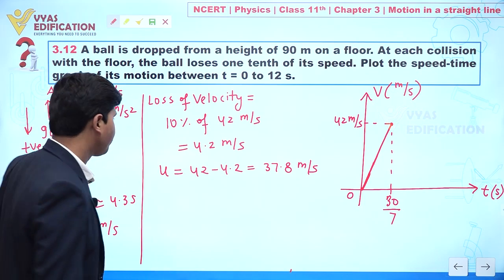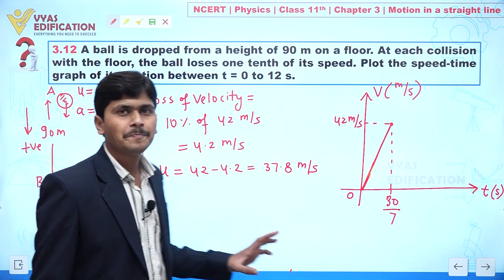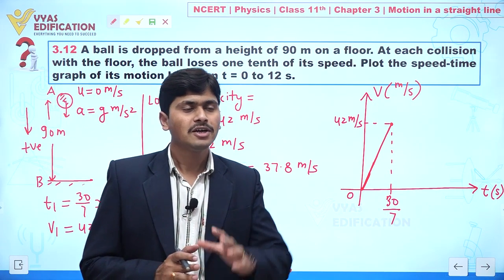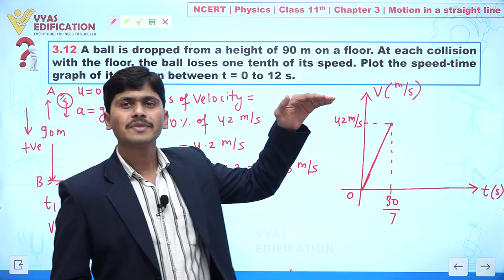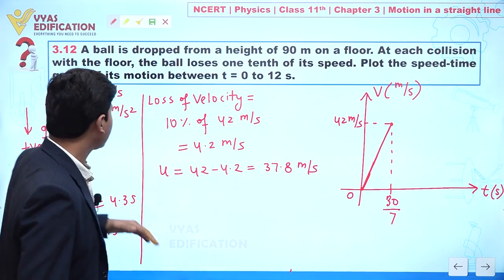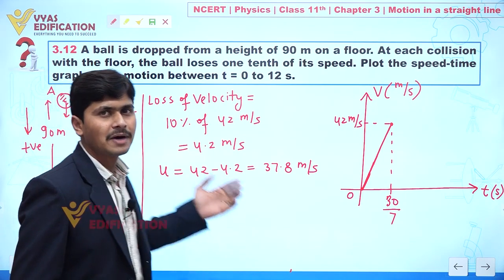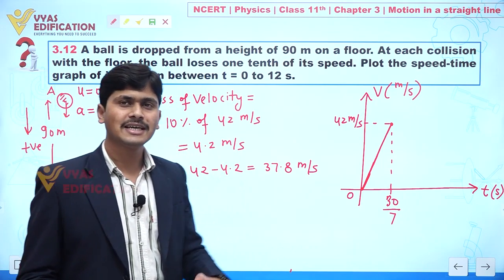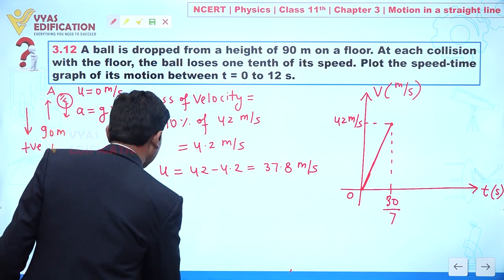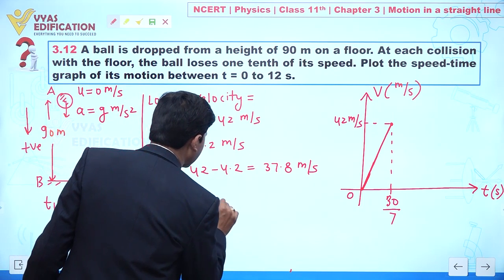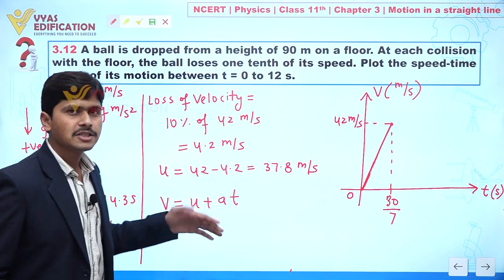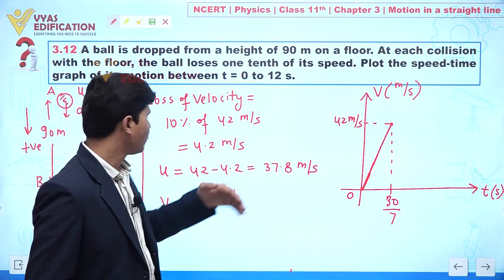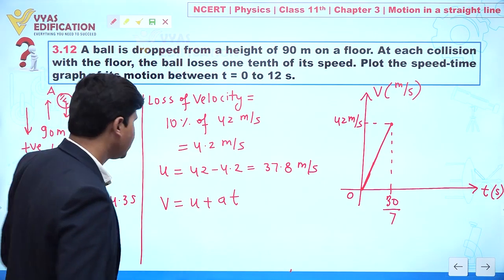Now here we will find the total time taken by the body to move from the ground to maximum height. Definitely it will not reach the same height because its velocity has decreased. So v equal to u plus at. When the ball reaches maximum height its velocity is 0.